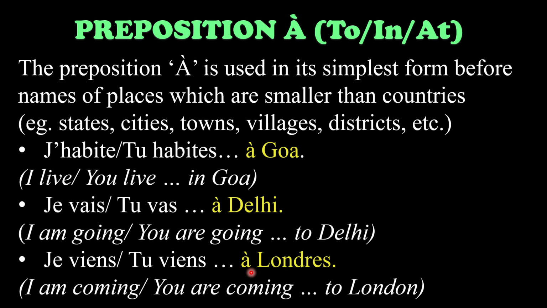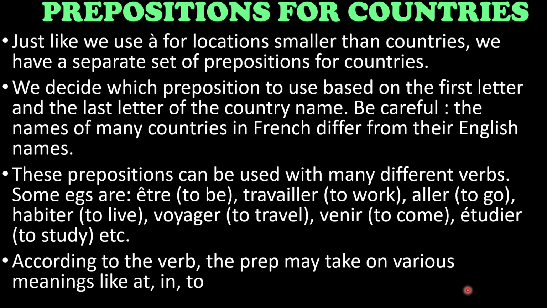Now what happens when you're actually talking about countries? Supposing you say I live in India, or you want to say she works in Germany. How do you say things like that? For this purpose, we cannot use the preposition à. It changes its form into three new prepositions, which we're going to see the rules for now. Just like we use à for locations that are smaller than countries, we have a separate set of prepositions which we use for the countries.